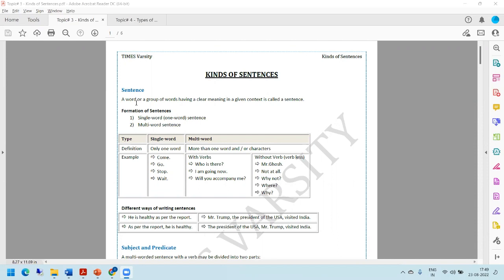In the definition of a sentence, there is an article. What should be the pronunciation of this article?